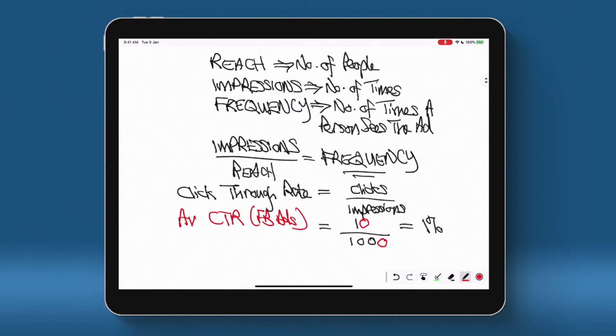So the CTR is the first measure of the acceptance of your ad by your audience. So in other words, if I'm going to look at how your ads have performed, the first thing I look at is your CTR. Is your CTR at 1% above or below?